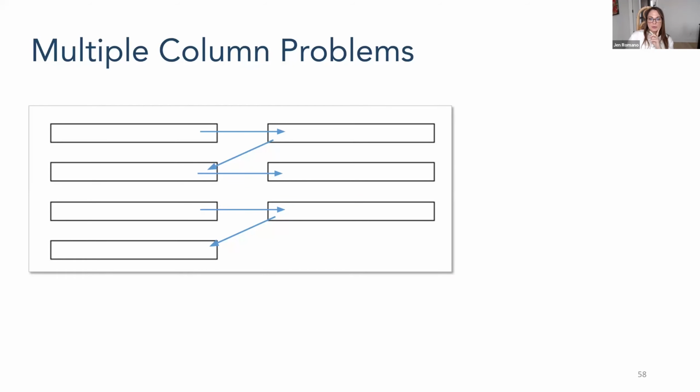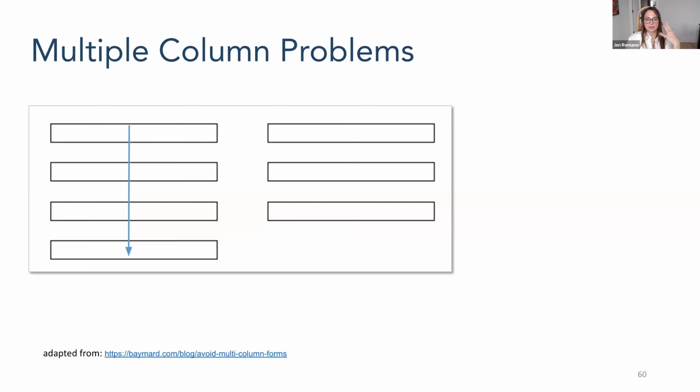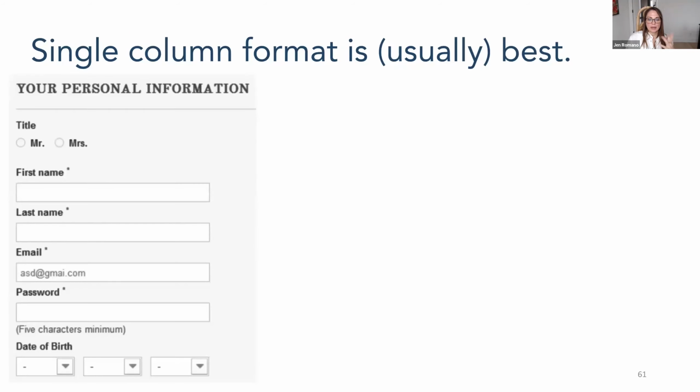The problem with multiple column formats is that the navigation path isn't always clear. So are you supposed to go right first and then down? Are you supposed to go down first and then right? And a bigger problem is that people may miss the second column altogether and they only complete the first problem. So usually single column format is best.